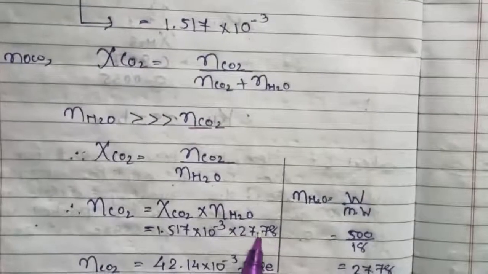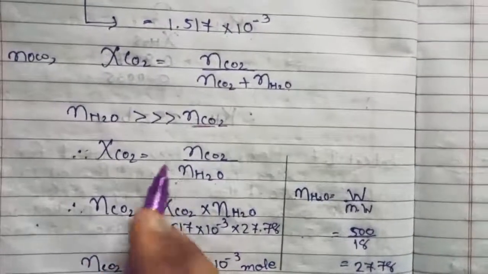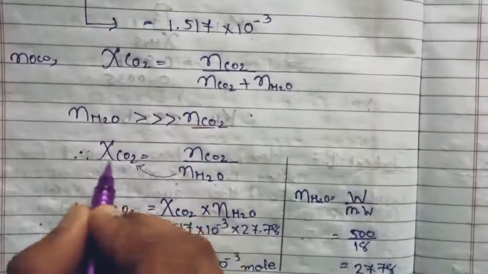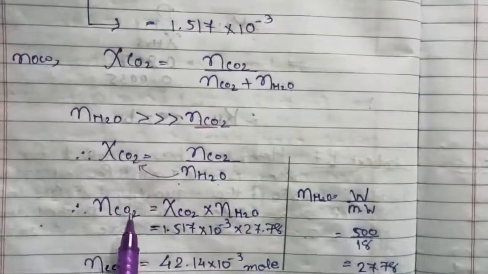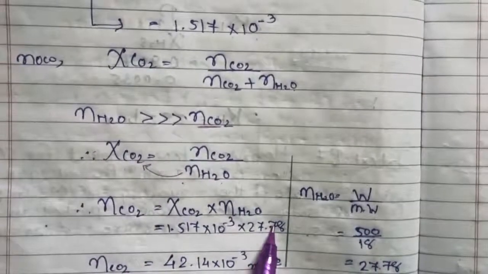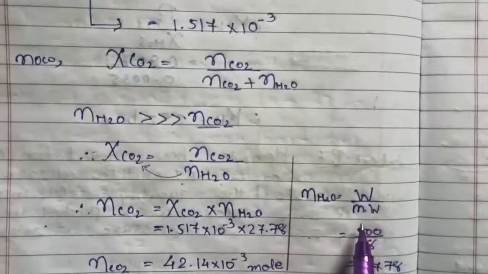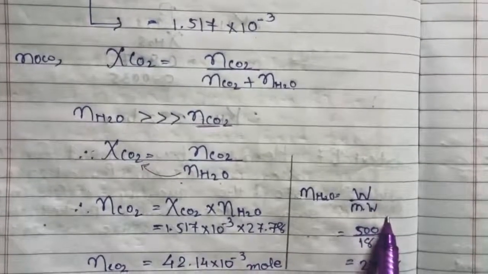Now we need the moles of CO2, so take the moles of H2O in multiplication with the mole fraction of CO2 and replace the values of those two terms. Here the moles of H2O will be mass of H2O divided by molar mass.